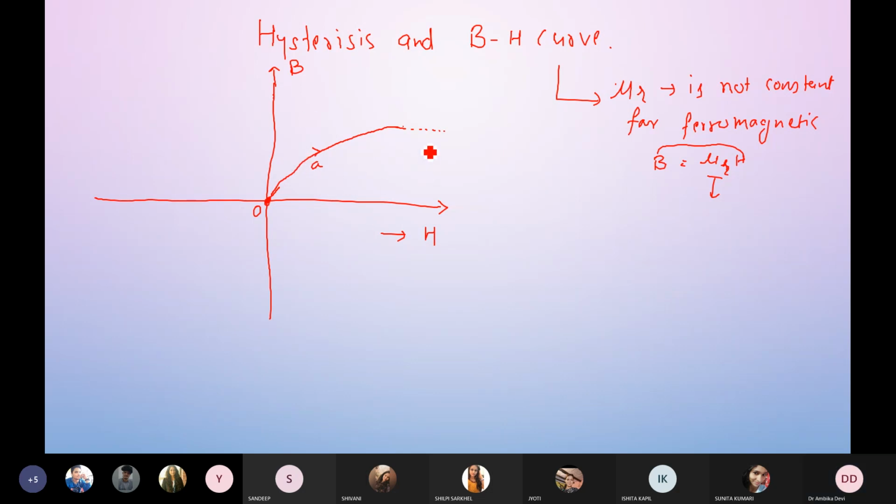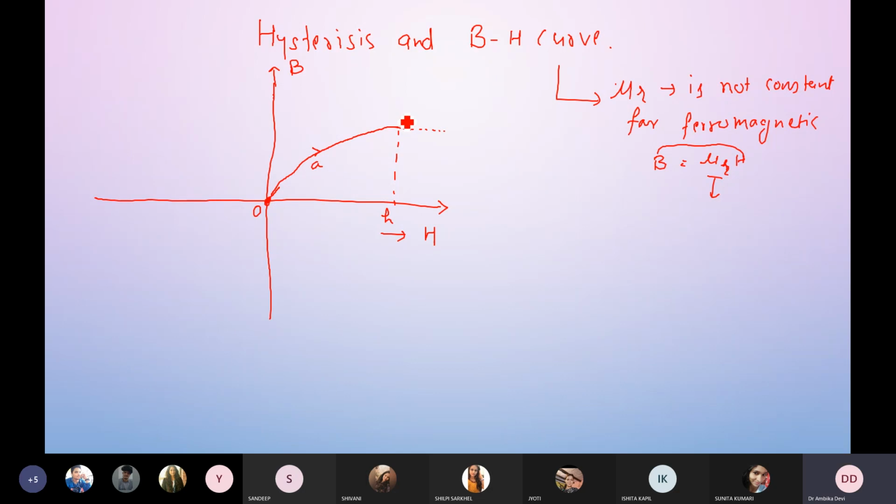Okay, so up to this point, when you applied the magnetic field H, the sample becomes saturated, and now the magnetic flux will not increase. Now if the magnetic field H is reduced, let's say to 0, the magnetic flux density does not return on the same path.